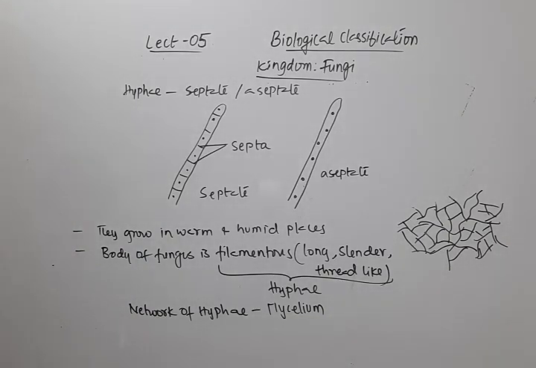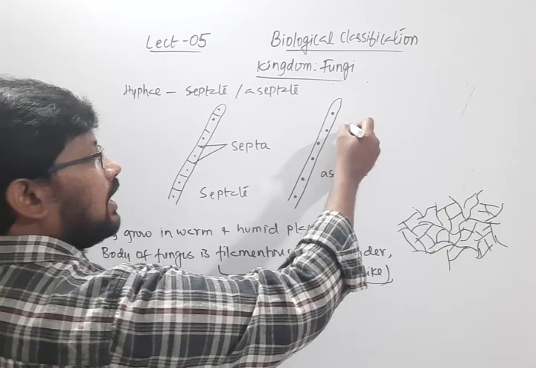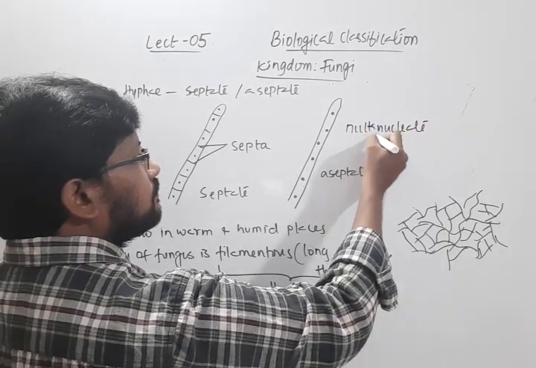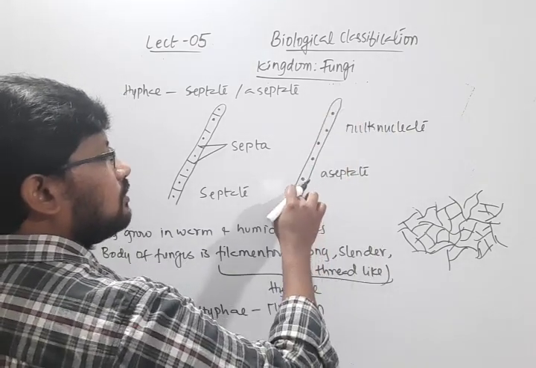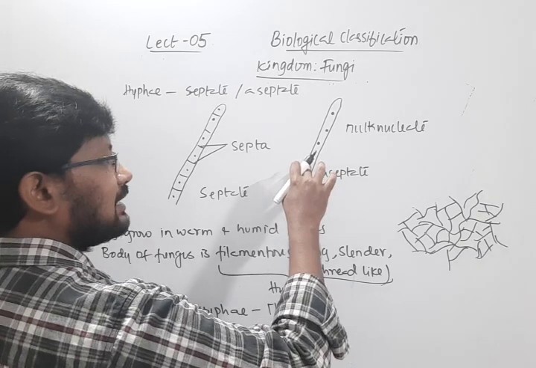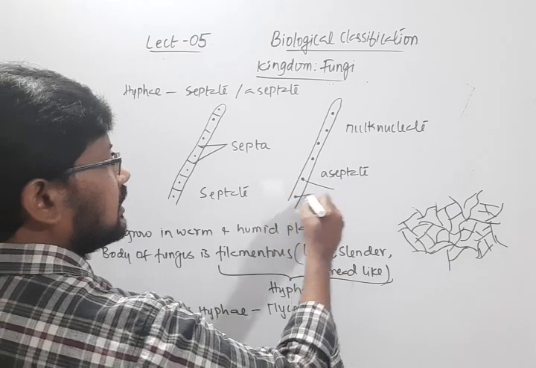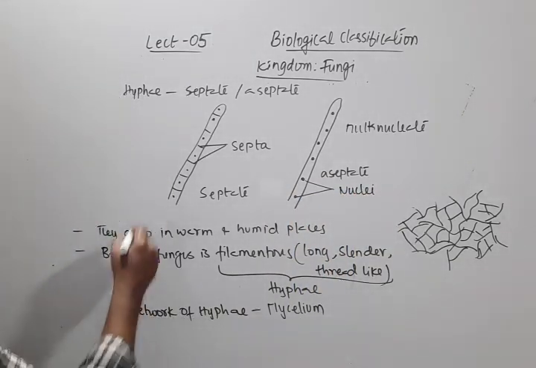Now in the aseptate condition, it gives an appearance like a multinucleate condition. Because there are no septa, the whole cytoplasm is one, and in that cytoplasm you will see many nuclei suspended.